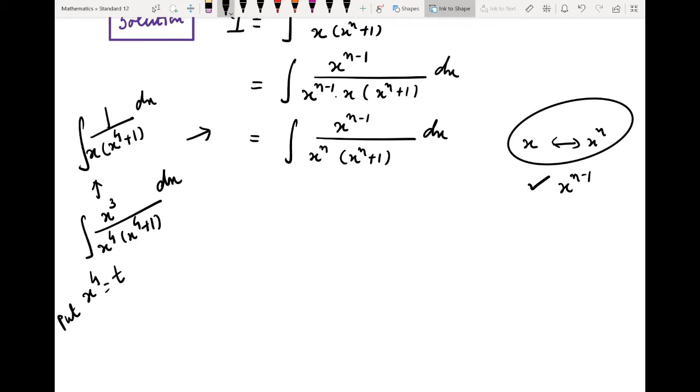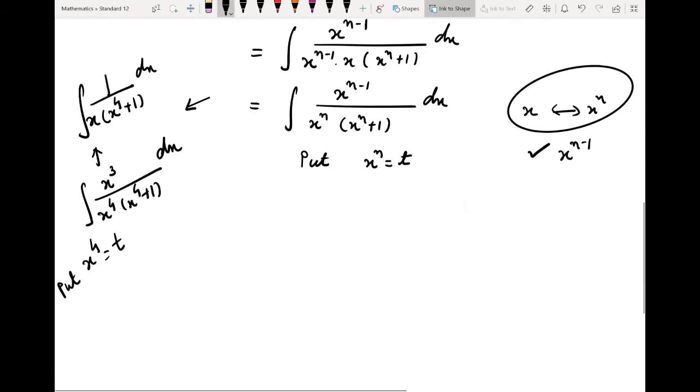This is general case in terms of n, and when you take n equal to 4, 5, 6, etc., the method will remain same. So in general, multiply numerator and denominator by x raised to n minus 1 and use substitution, put x raised to n equal to t.